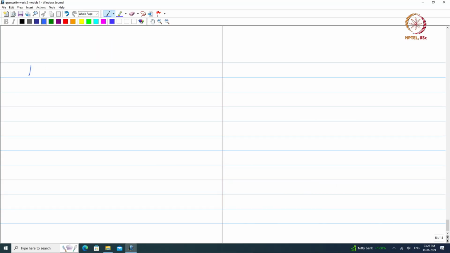In the last lecture, we looked at the idea of Gaussian elimination technique for solving system of linear equations. We looked at the idea of elementary row operations to obtain the row echelon form and the reduced row echelon form of a matrix.